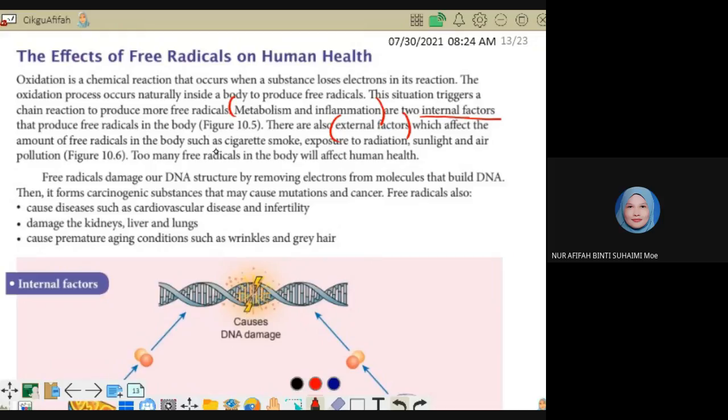So, the factors are coming from cigarette smoke, from the radiation of the sunlight, from the air pollution. This external factor will increase the production of free radical inside our body. Okay, so banyaklah, a lot of free radical will be produced.